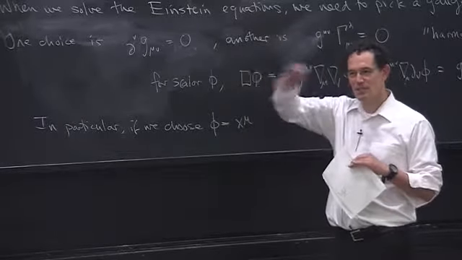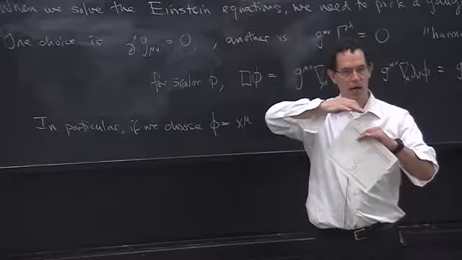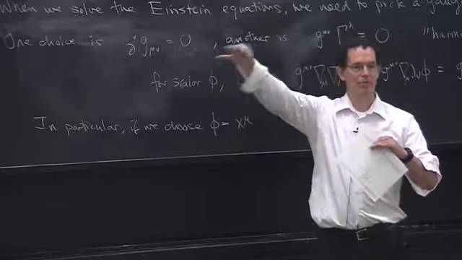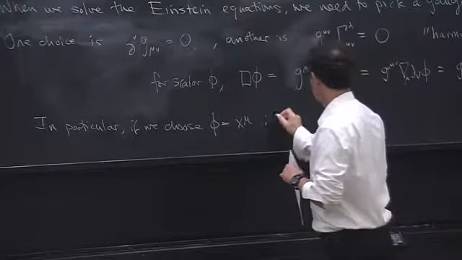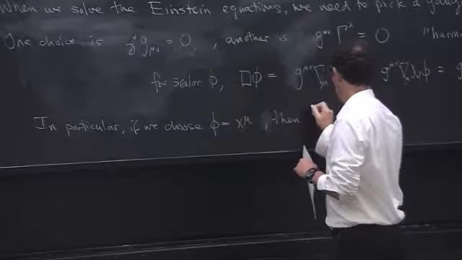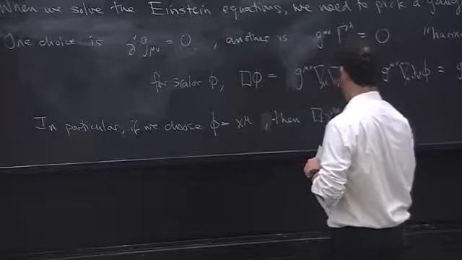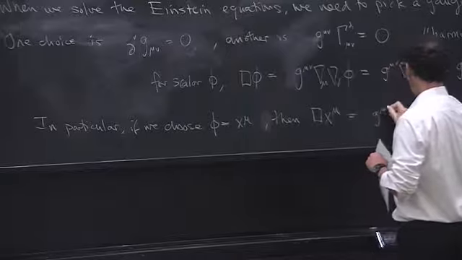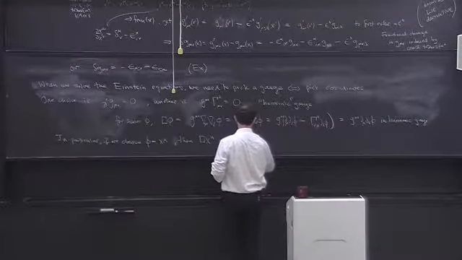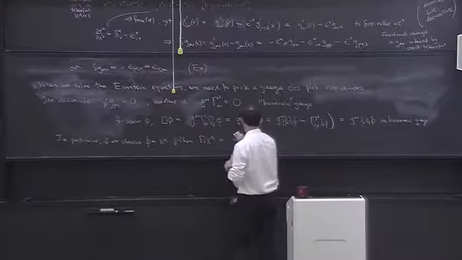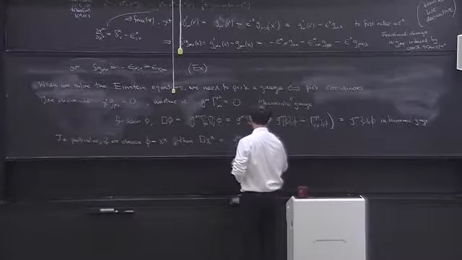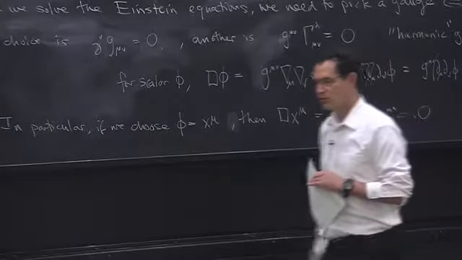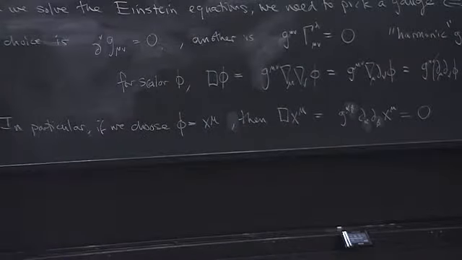Surfaces of t equals constant are level sets of some function, which is t. Then box x mu equals g alpha beta d alpha d beta x mu equals 0, right? Because two derivatives on the coordinate is 0.